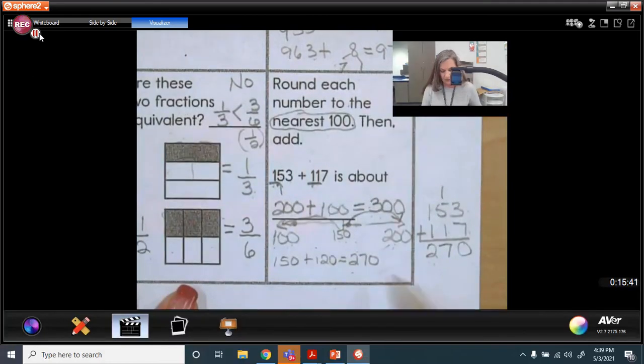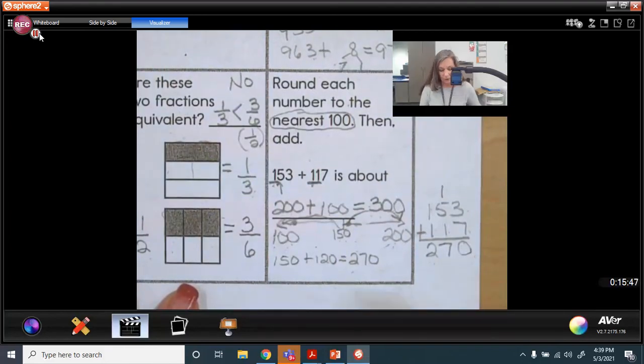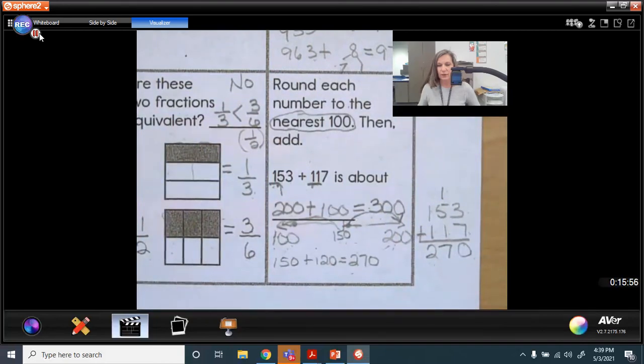It just so happens that the estimate is really close to the actual exact sum. So remember that the closer you're rounding to that place value, the closer it's going to be in the difference between the exact and the estimate.